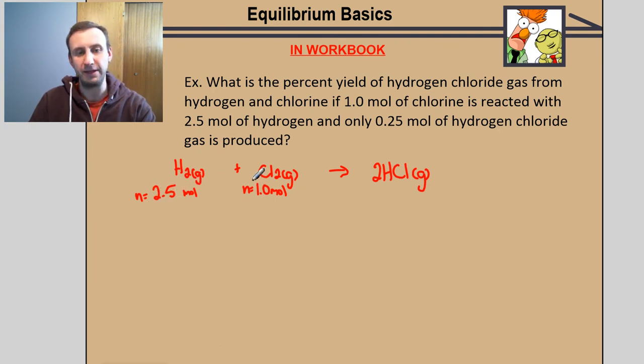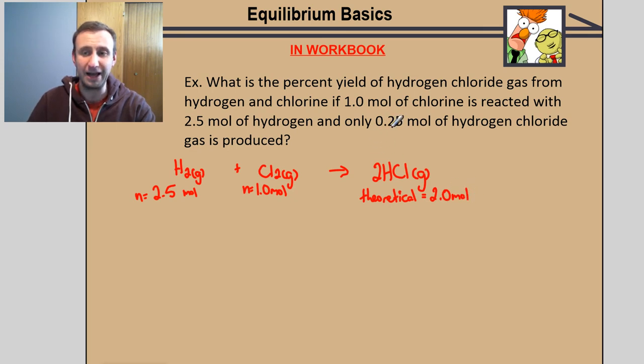So based on the information I have, I should be able to make, theoretically, 2 moles of HCl because it's a 2-to-1 ratio. So my theoretical yield for HCl, if I'm dealing with moles, which is what I have for a unit, should be 2.0 moles.